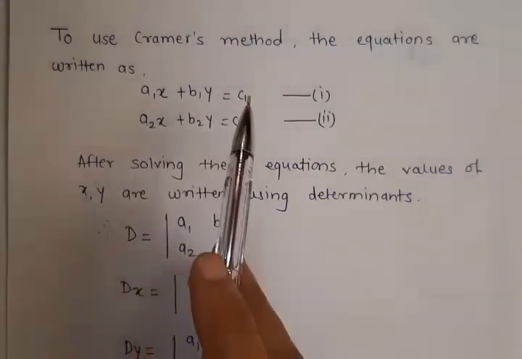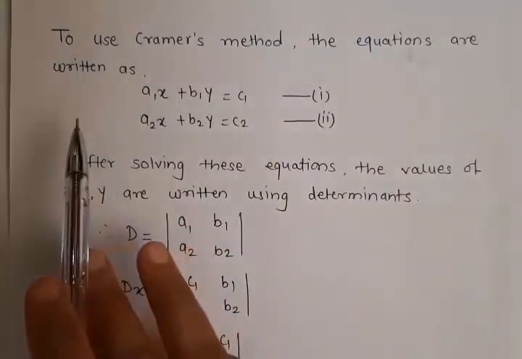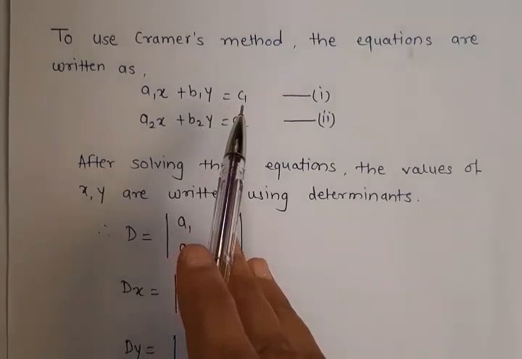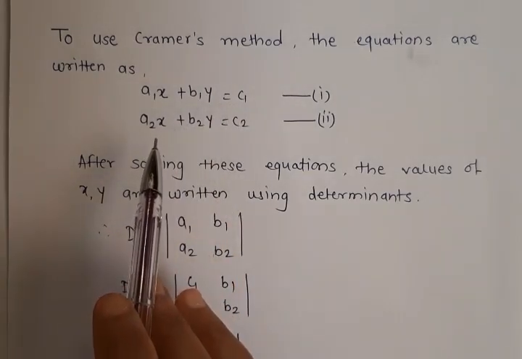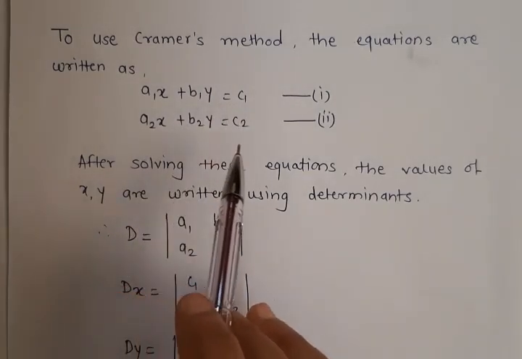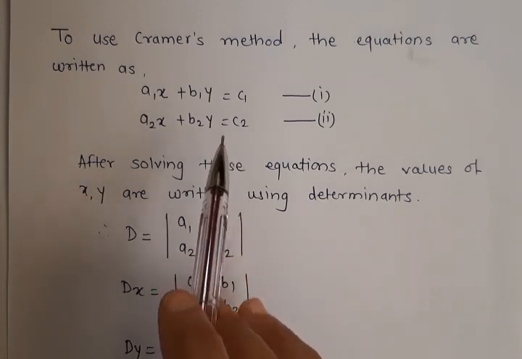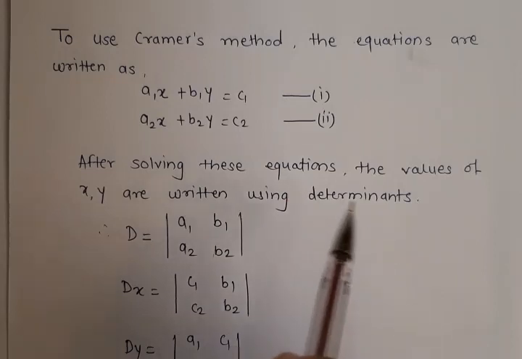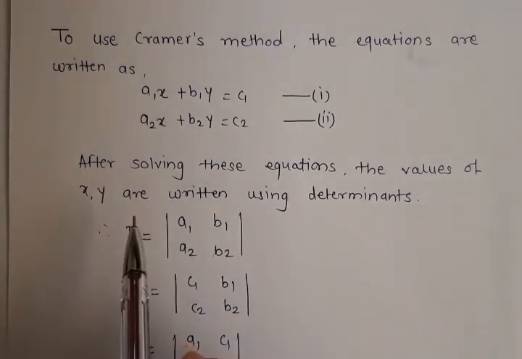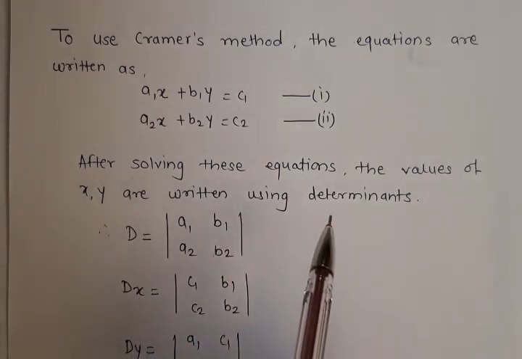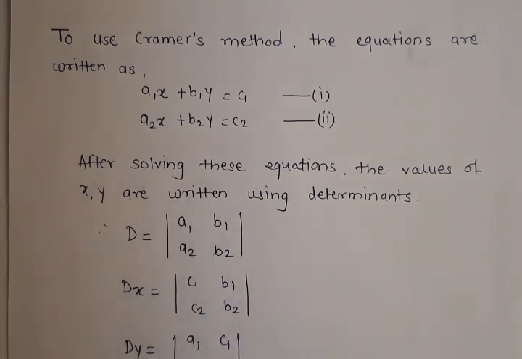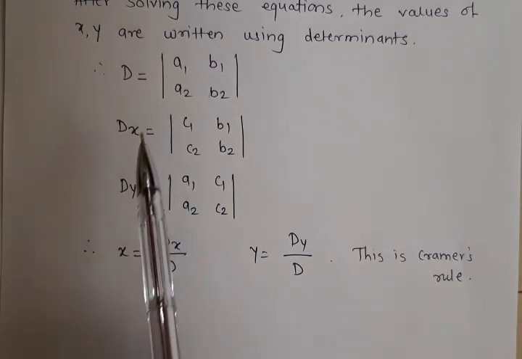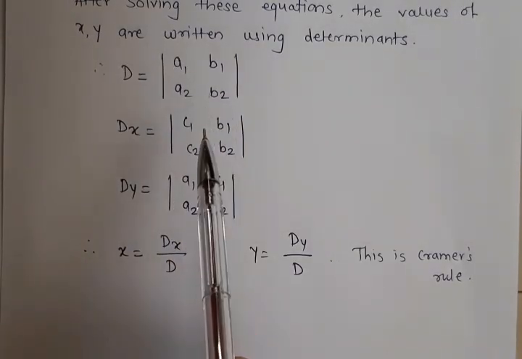To use Cramer's method, the equations are written as a1x plus b1y equals c1, a2x plus b2y equals c2. These are the simultaneous equations. When we solve these simultaneous equations, the values of x and y are written using determinants. The determinant D is written as a1, a2, b1, b2.